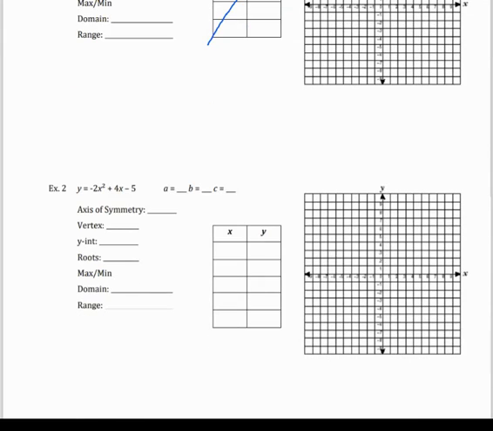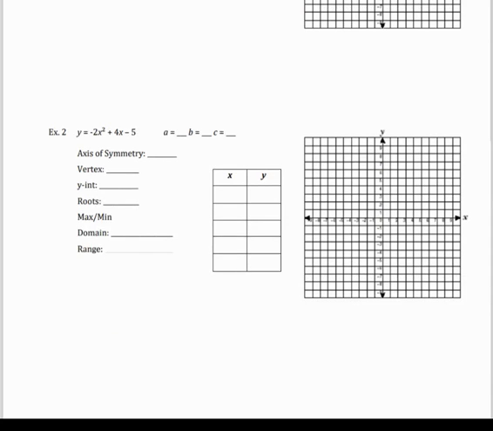Number 2, however, is in standard or general form. So by looking at this, I can't just determine, oh, I'm going to the left this many units and up, so here's my vertex. What we need to do instead is identify A, B, and C. I am in standard form, so A is -2, B is the coefficient in front of x, and C is my constant, which is -5. I'm going to start by finding that axis of symmetry.